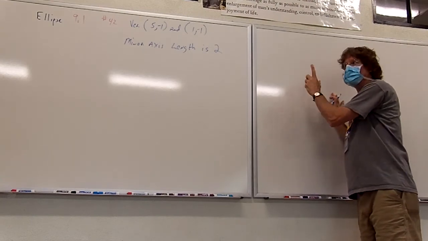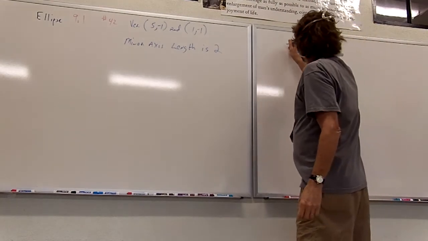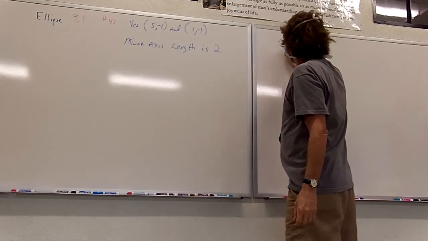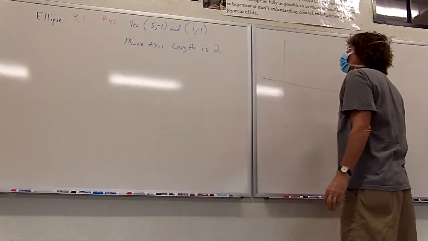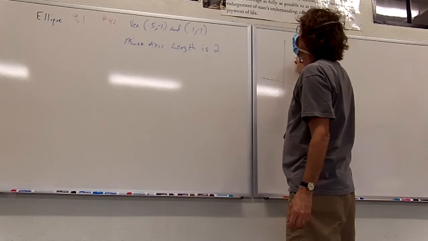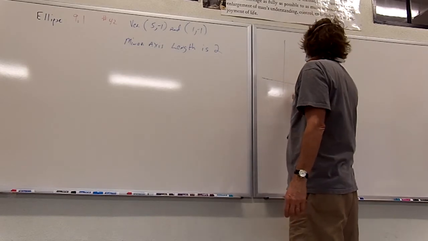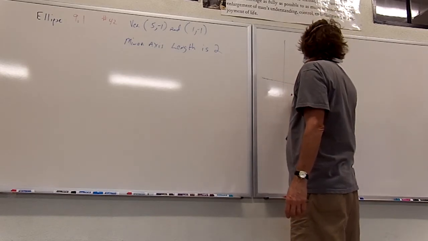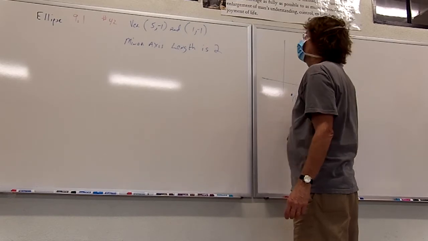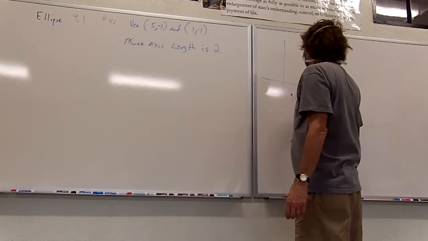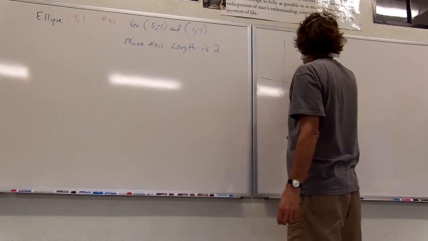Someone says you can work these without the picture. You just go right ahead. Don't ask for my help. Okay. 1, -1, and that is a vertex. And then 5, -1.